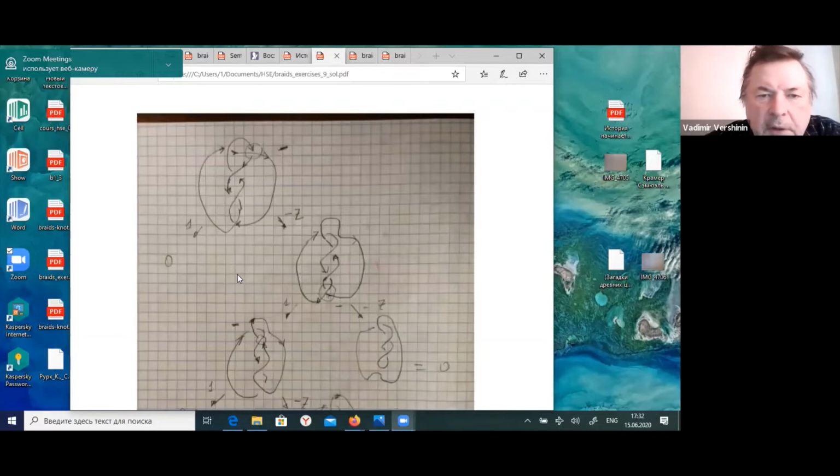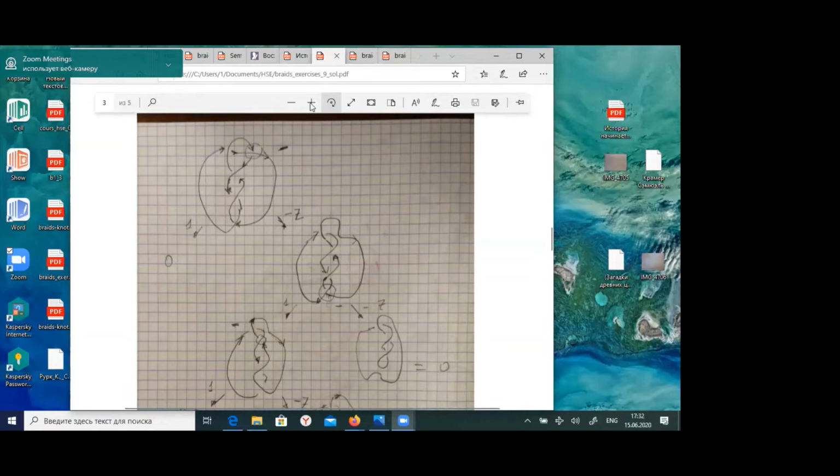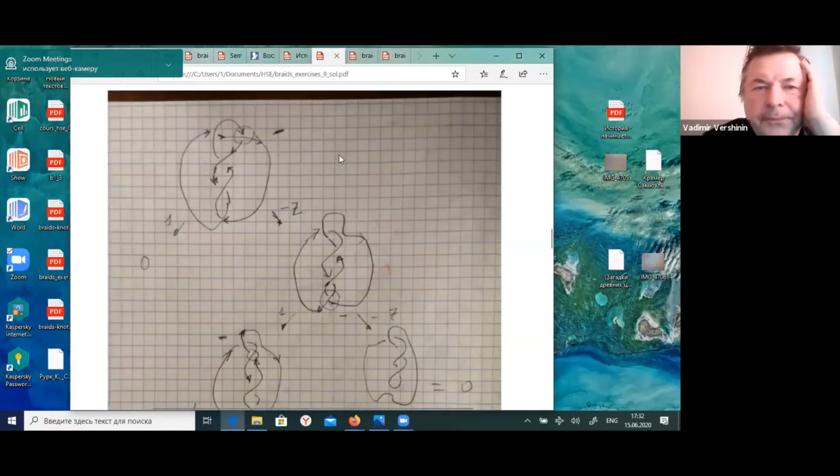I'm taking the picture of Raphael with some minor correction, that we consider this crossing, and here, if you look, I'm sorry, is it okay, or should I make this bigger? Okay. Very good. Thanks, Natalia.